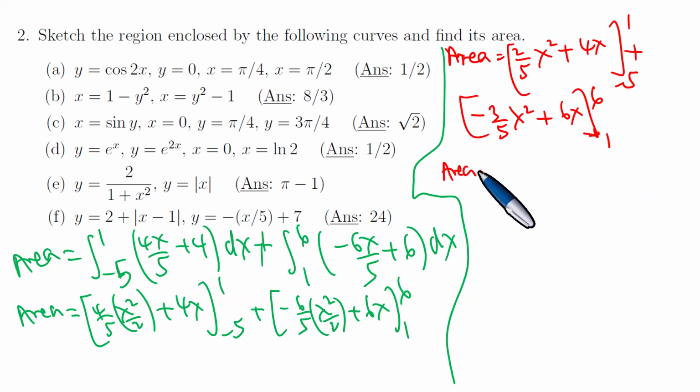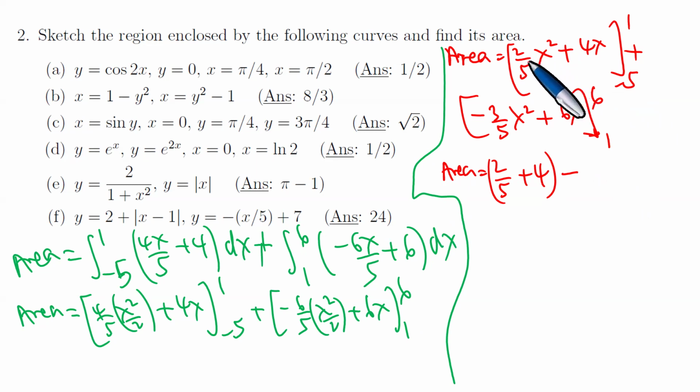The area. Okay, plugging in the 1, you would have 2 over 5 plus 4, minus 2 over 5 plus 4. That is when you plug in the 1, and then you substitute the minus 5, and you square the minus 5. It becomes 25.